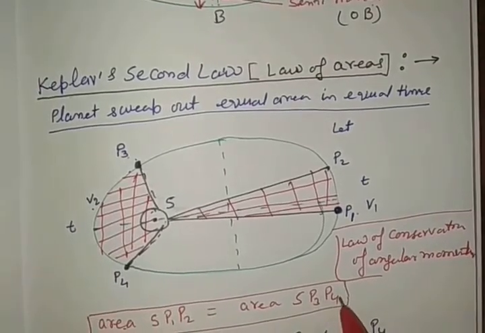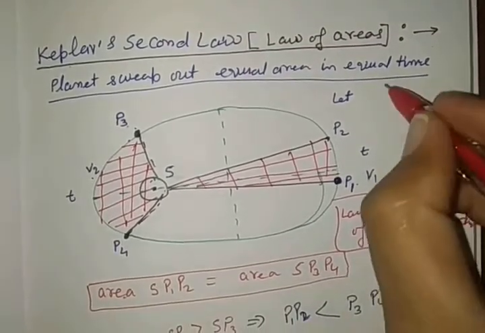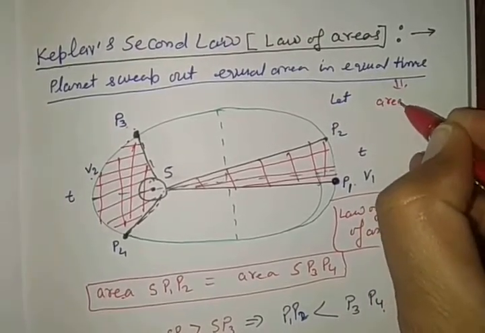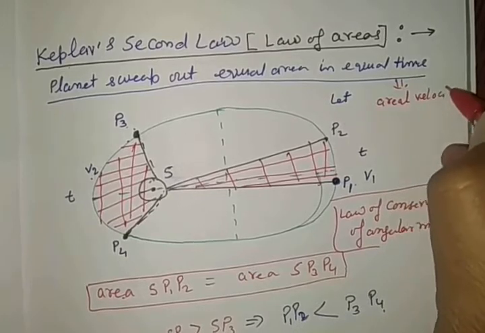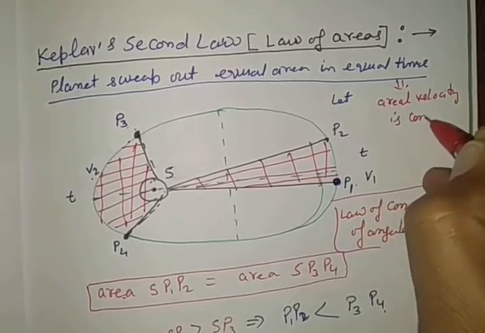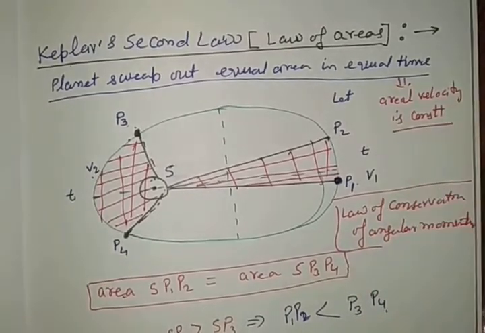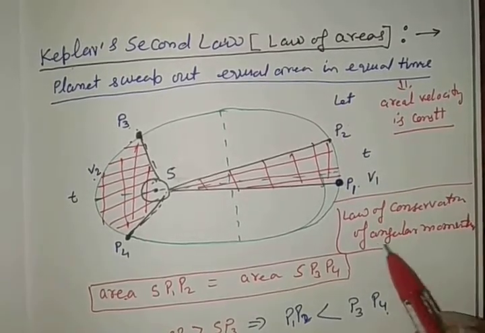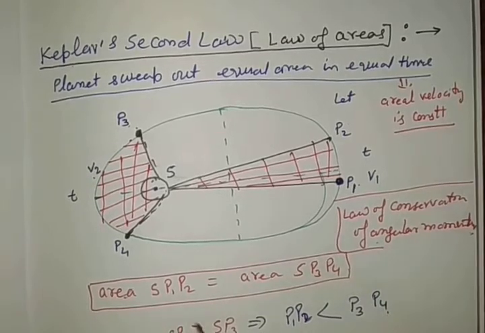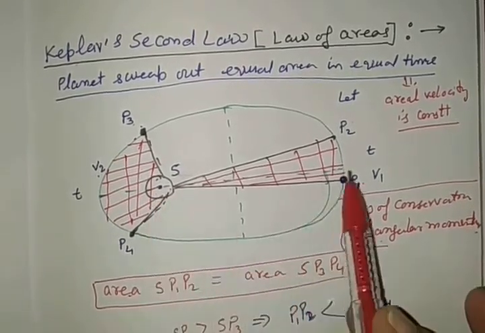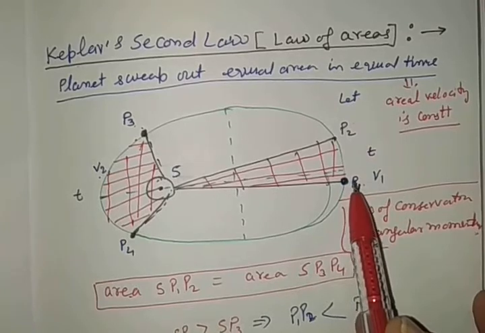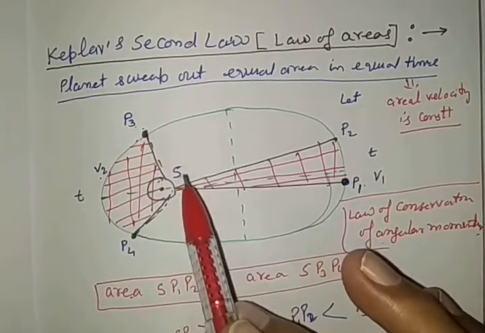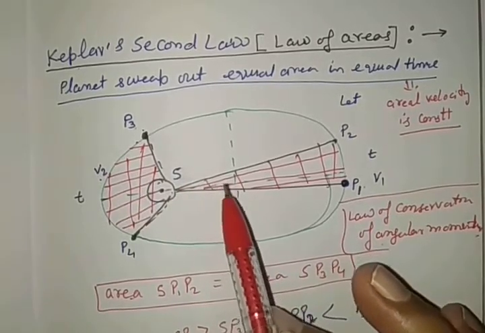So the areal velocity is the same. What does it indicate? Areal velocity is constant, right? And this concept is on the basis of the law of conservation of angular momentum. But a planet away from the sun moves slower than if the planet lies near to the sun.